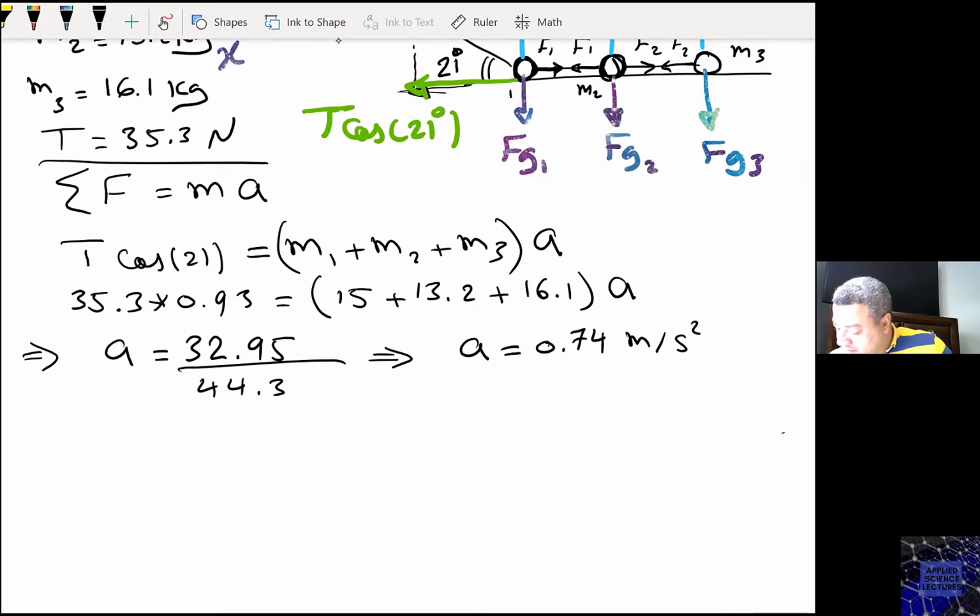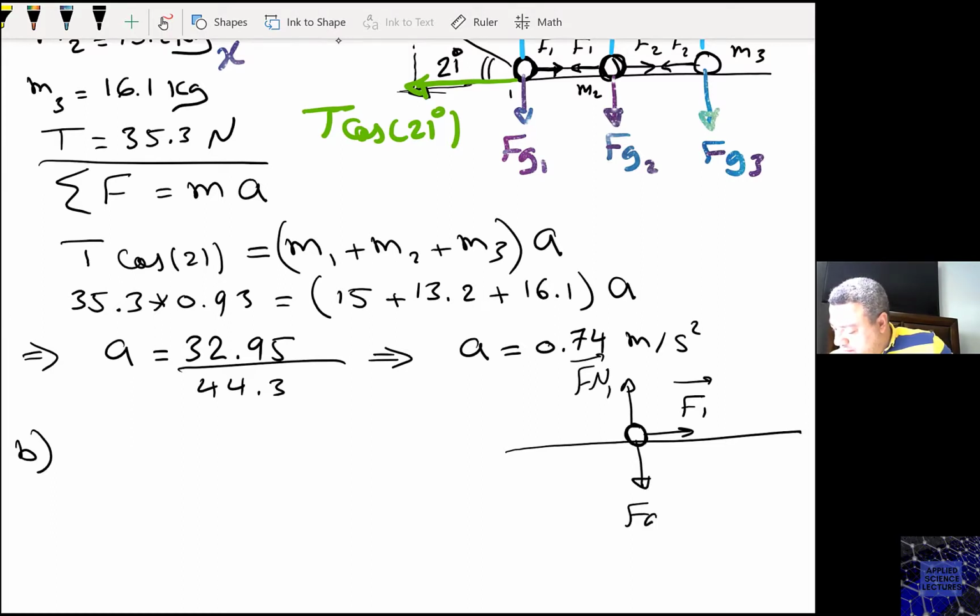So for part B, if I take the first one, where I have here F1, Fn1, Fg1, and then T, and this T at 21 degrees will be projected on the x-axis, and my coordinates are defined as positive x this way and y upward.